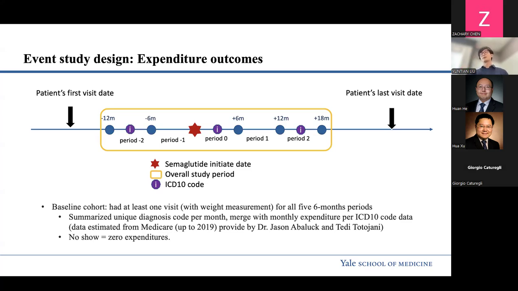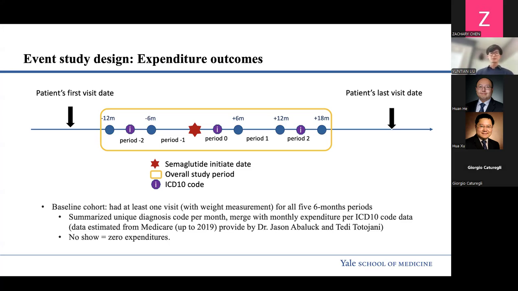And for expenditure outcomes, the study design might be a little bit different. When we look at the clinical outcomes, we have to really see those measurements to get the results. But for expenditure, if I didn't show up in the health system, we assume there's no expenditure because there's no health utilization, and there's nothing we can estimate.